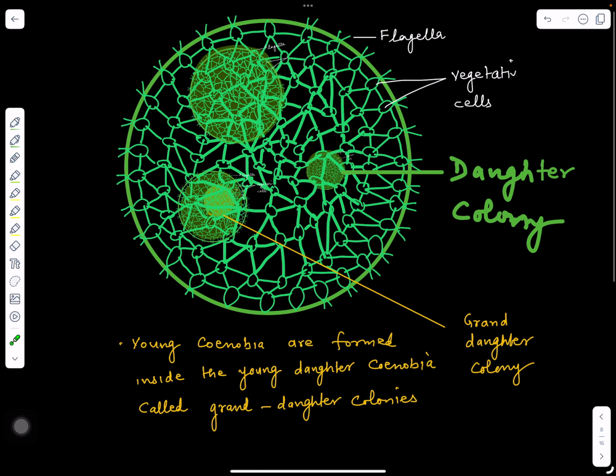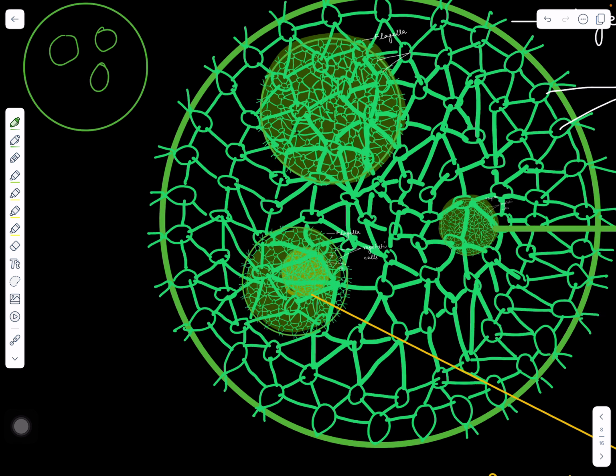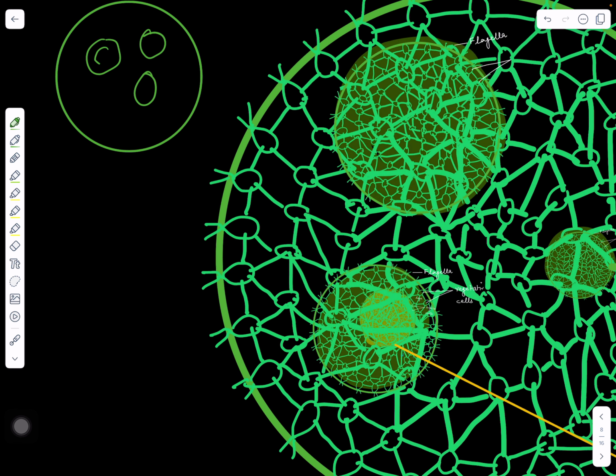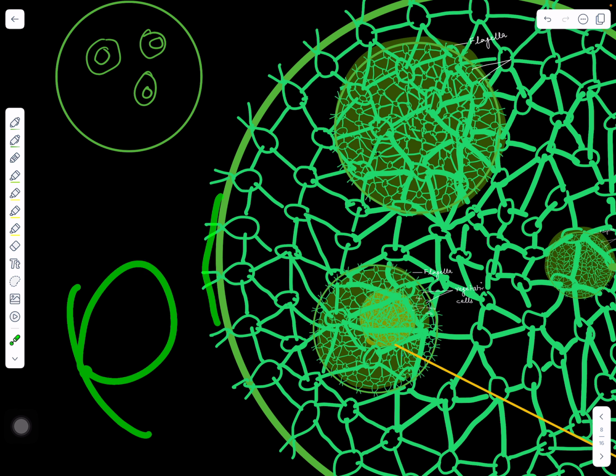Now we can see here, like we discussed, that this is the coenobium, and inside the coenobium these are the daughter colonies. Now inside each daughter colony, another colony can be produced, by the same procedure as that of the parent. Like here, this cell will retract and form a gonidium.